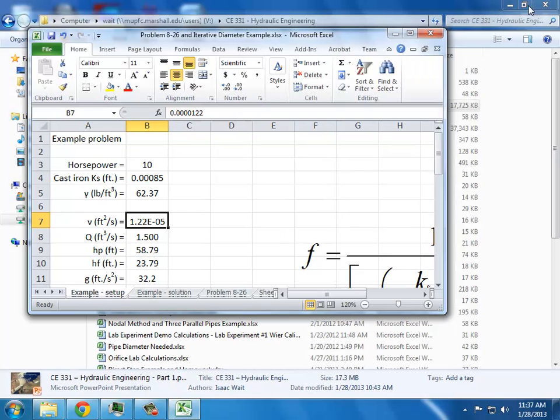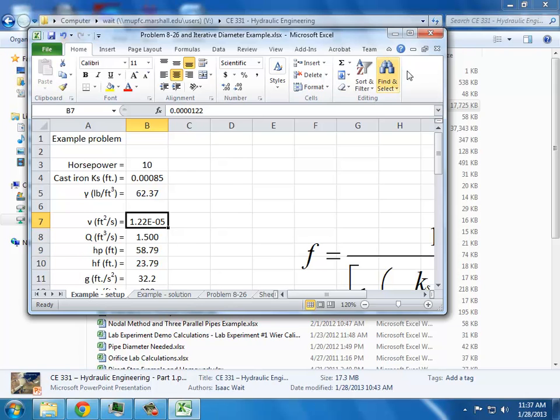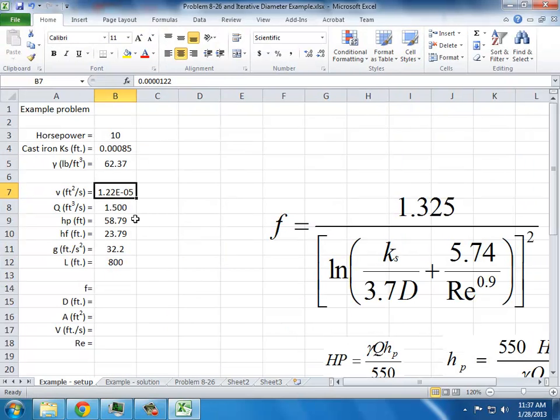And in this example, the flow rate is 1.5 cubic feet per second. I think in the homework problem they give you the flow rate in gallons per minute, but you can convert between gallons per minute and cubic feet per second pretty easily. I think it's 0.138 cubic feet in a gallon, but you better double check that.